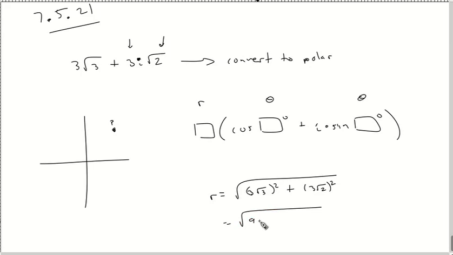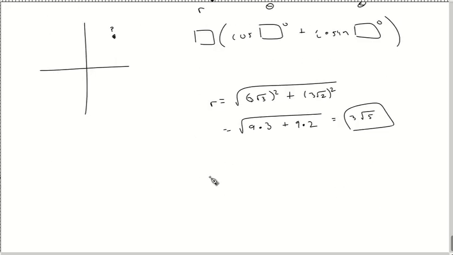And so I got 9 times 3 plus 9 times 2. 9 times 5? Oh, yeah. 3 square root of 5. There you go. Okay. What about my theta? Well, it's in quadrant 1, so my arctangent should just give it to me.